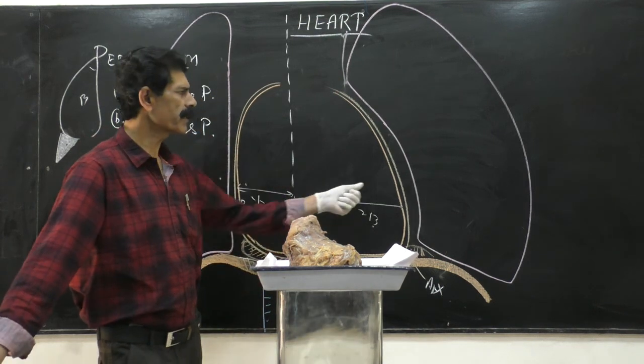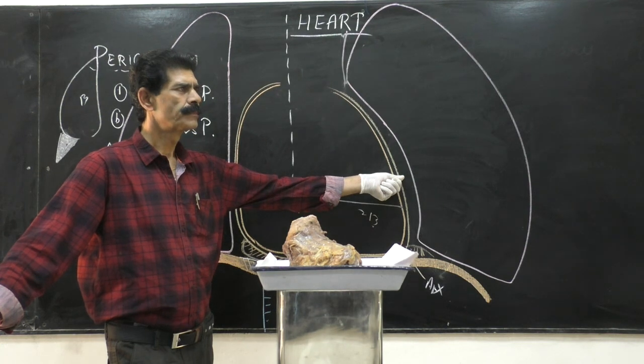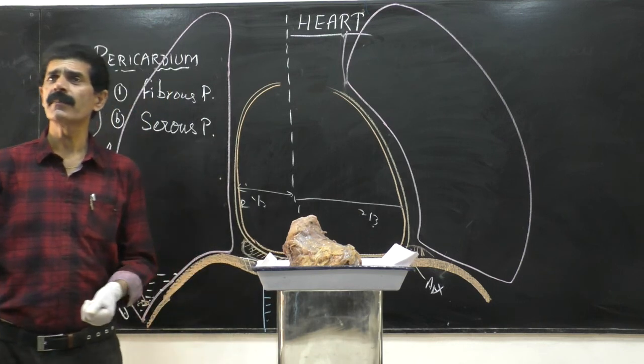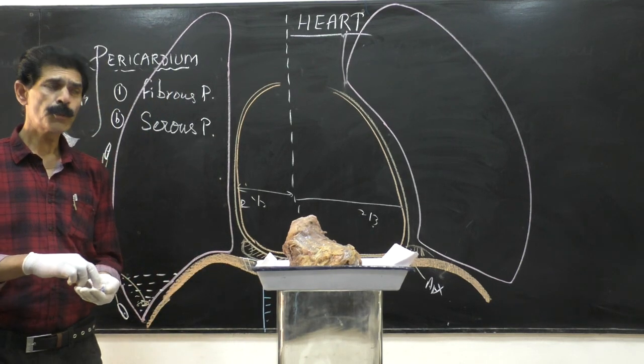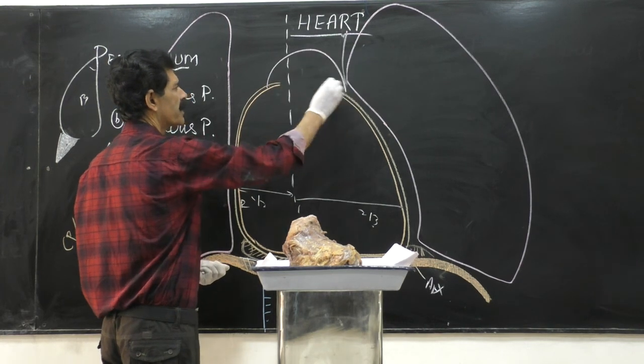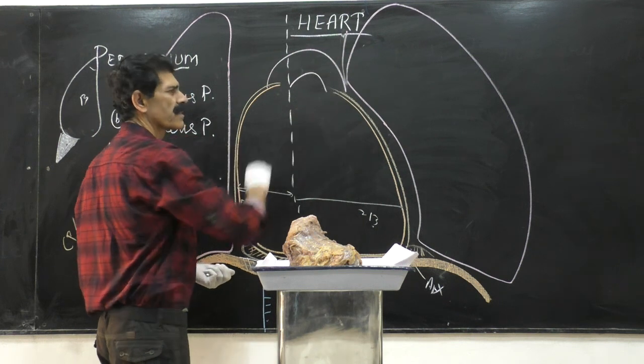So laterally there is a separation. Then when we trace this fibrous pericardium in the upper part, or superiorly, at this sternal angle, the arch of the aorta starts and ends.